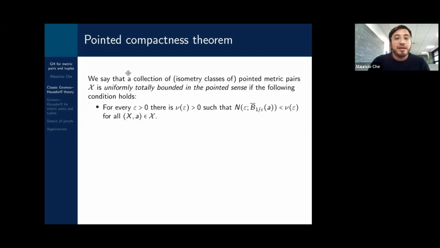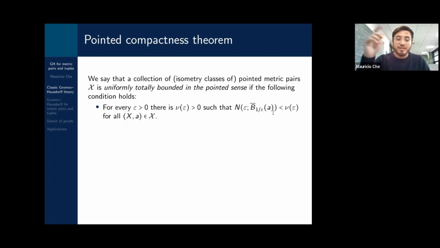Now, regarding the compactness theorem in this setting, we need to define the analogous definition of uniformly totally bounded collections of metric spaces. In this case, uniformly totally bounded in the pointed sense means that for a collection of pointed metric spaces, the covering number of balls around the distinguished points is uniformly bounded with respect to epsilon.